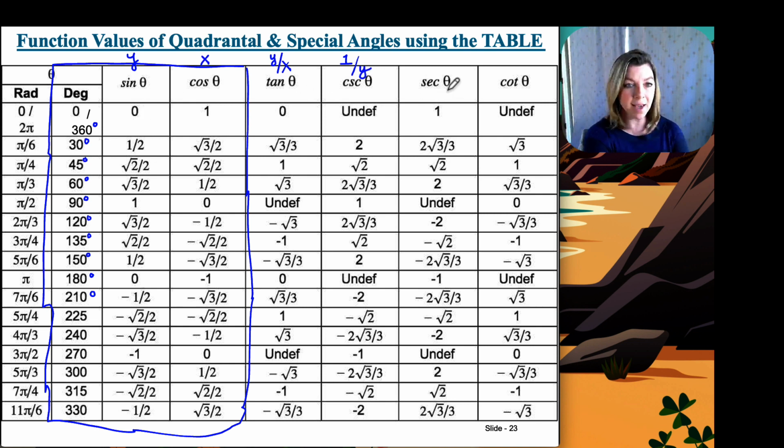We know that secant theta is, using the unit circle, 1 over the x coordinate. Okay, so 1 over 1. 1 over 1 is 1. And cotangent, we know, is the x coordinate over the y coordinate. So that would be 1 divided by 0, which is undefined. So by just knowing sine and cosine, it leads us to tangent, cosecant, secant, and cotangent function.